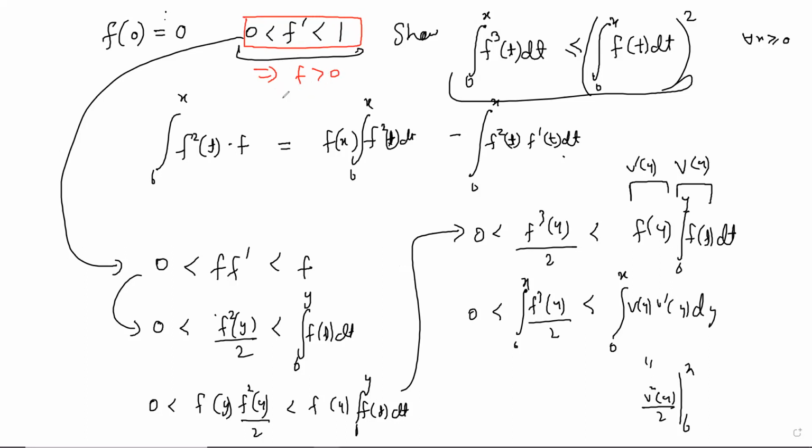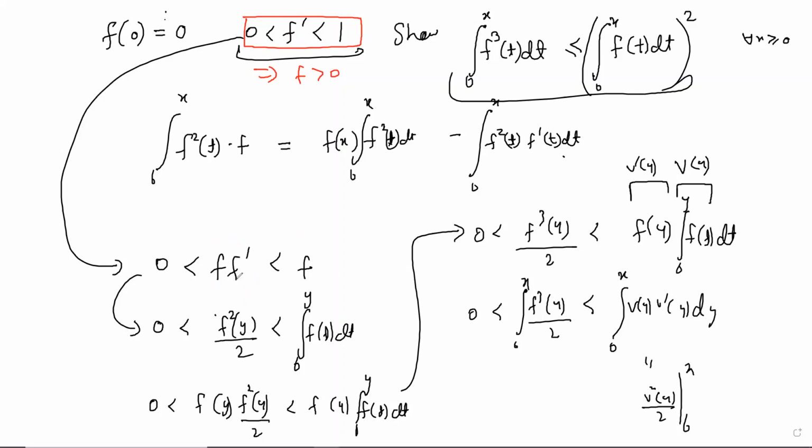So he's using that to multiply both sides, or rather all the three things, by f, multiplying this inequality by f. That's a good thing because this expression becomes nice, good to integrate.